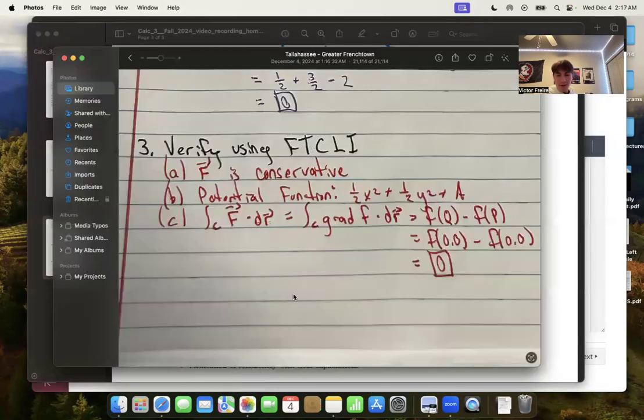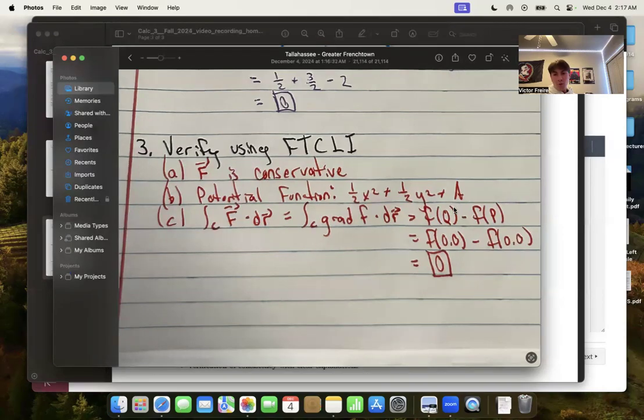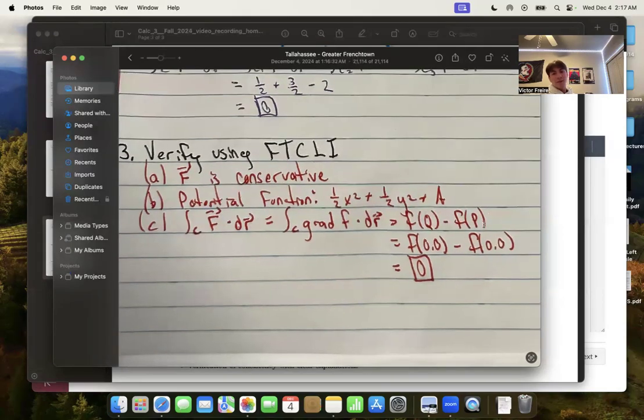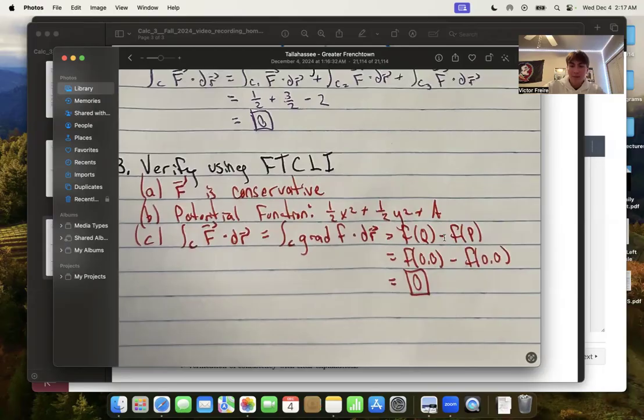So let's see right here. The fundamental theorem for line integrals says that the integral of F dot dr along C is going to equal f(Q) minus f(P). Here Q represents the ending point and P represents the starting point.